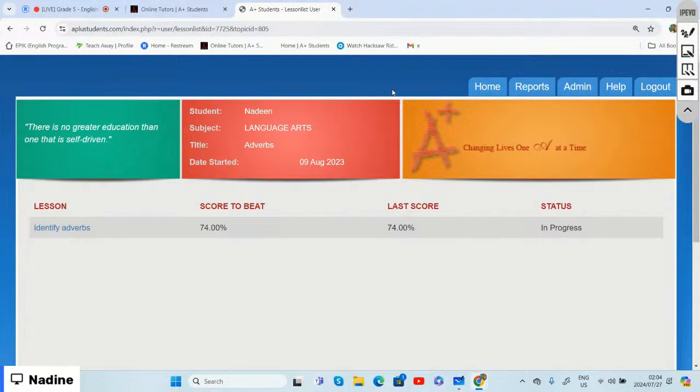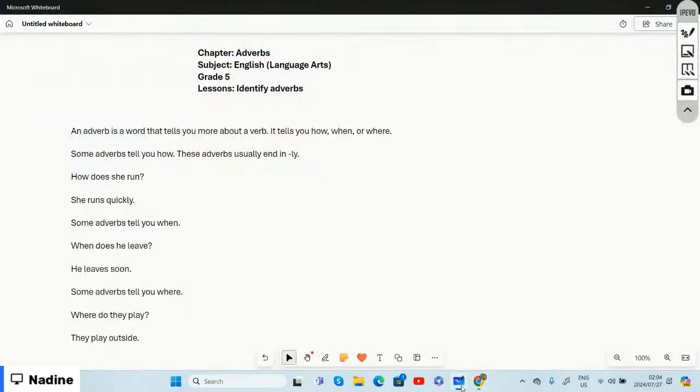So we said our chapter is adverbs. Our subject is English language arts. Grade 5.